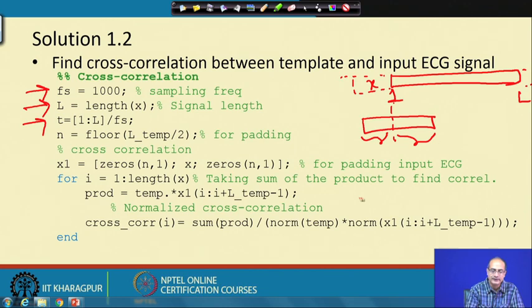We can simply divide the template length by 2, which is what we have done here, and we have taken the floor function because it is an odd number. How many samples would be extra? It cannot be a fraction, so it would be just the lower integer. We have taken the floor function to get that, and next we have created the padded variable x1, where at the beginning we have zeros and at the end also we have zeros.